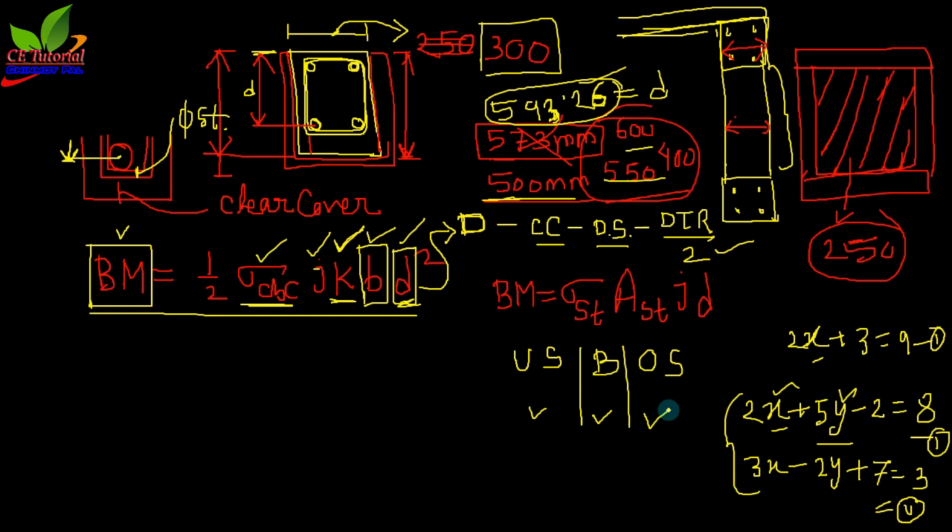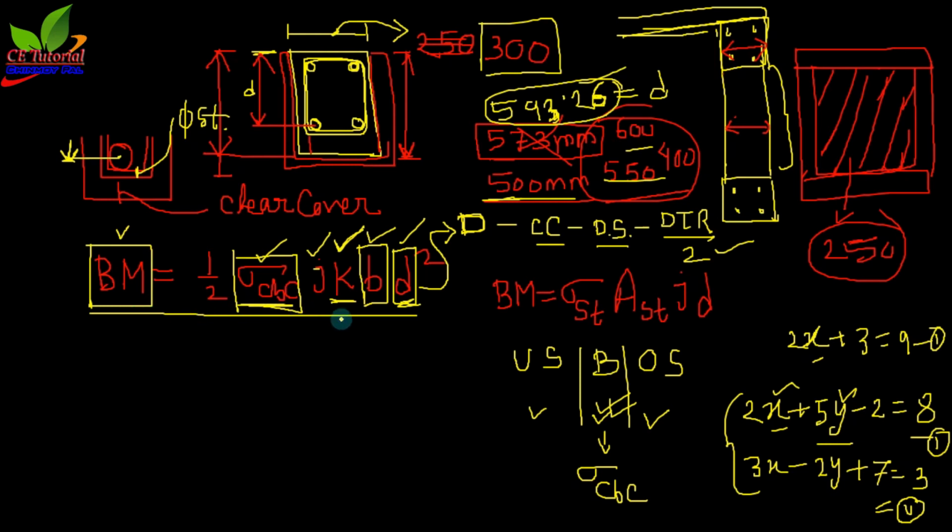But suppose in your semester you can directly use the balanced section. That means you know the value of sigma cbc.